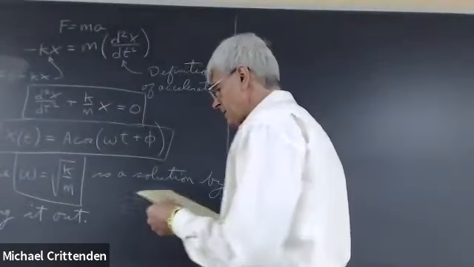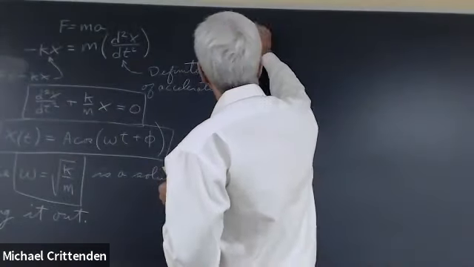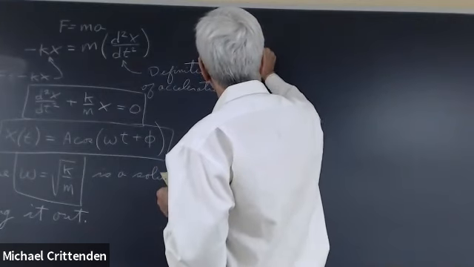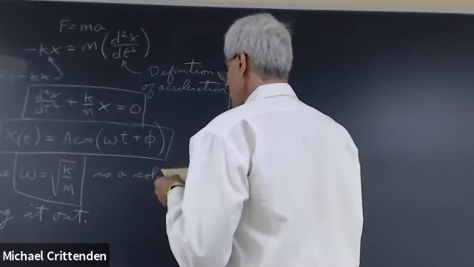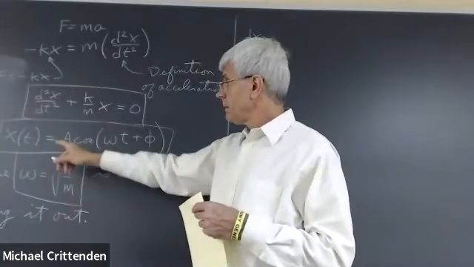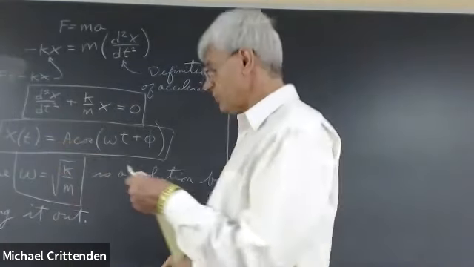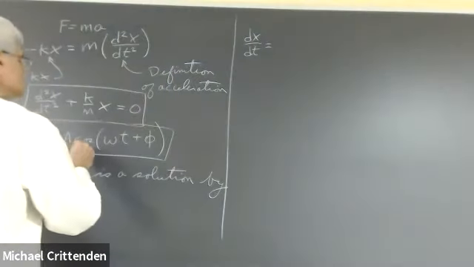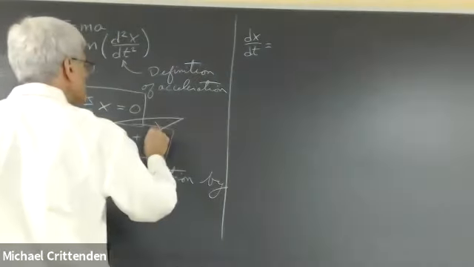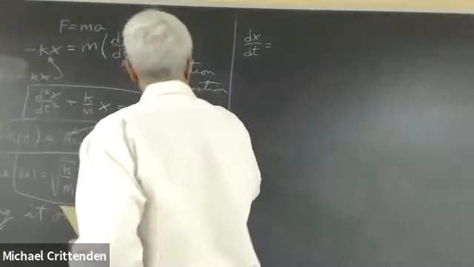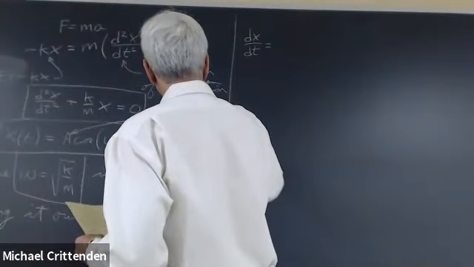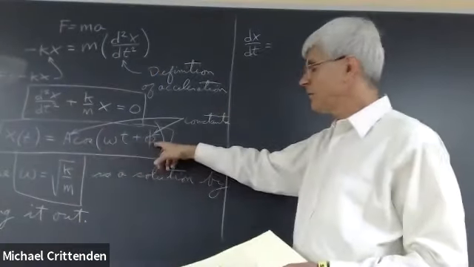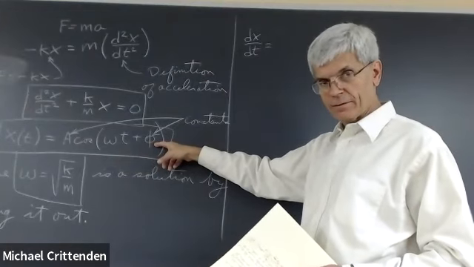So let's get started on, well, the first step would be the first derivative. And then I have to take the derivative again after that. A and phi are constants, okay?